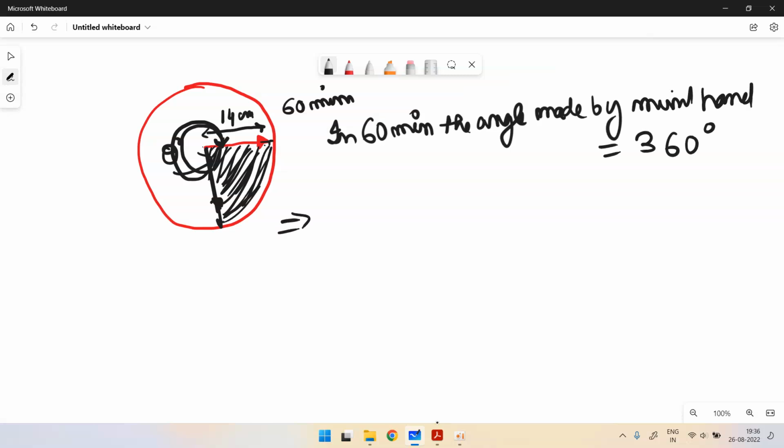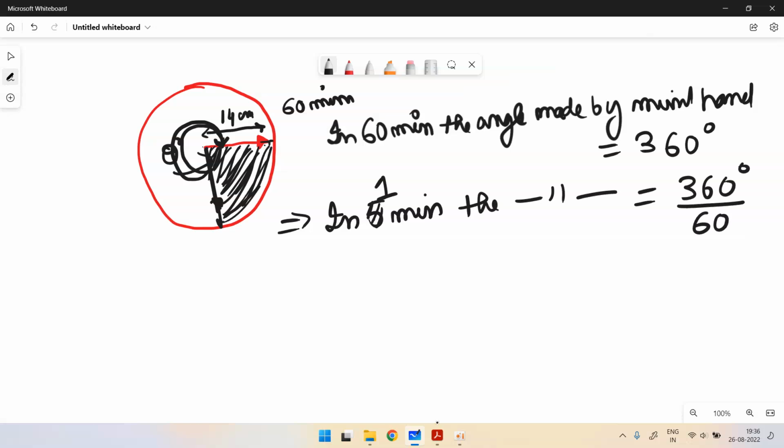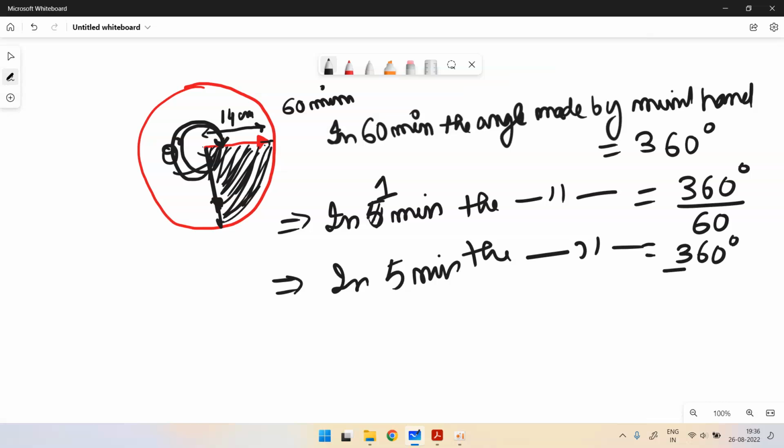So in 1 minute, the angle made by this minute hand will be 360 degree by 60, which implies that in 5 minutes the angle made by this minute hand will be 360 degree by 60 into 5, which is nothing but 6 fives are 30.